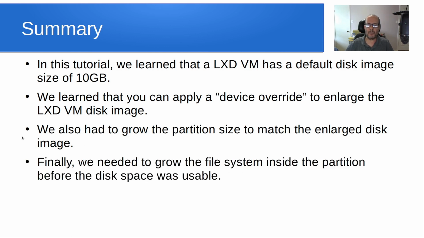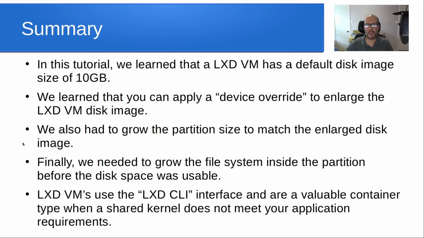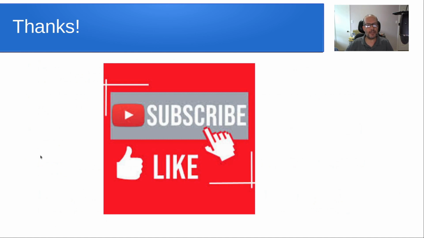And finally, we needed to grow the file system inside the partition before the disk space was usable. So LXD VMs use the LXD CLI interface and are a valuable container type when a shared kernel does not meet your application requirements.